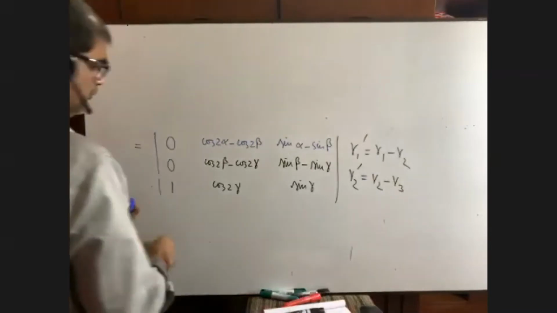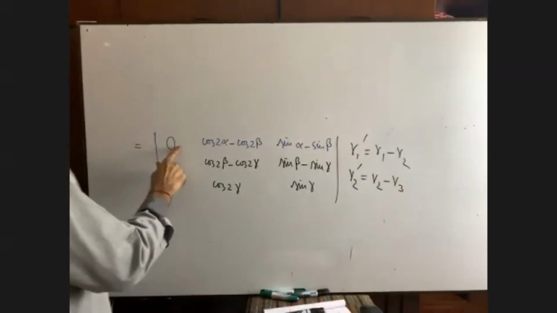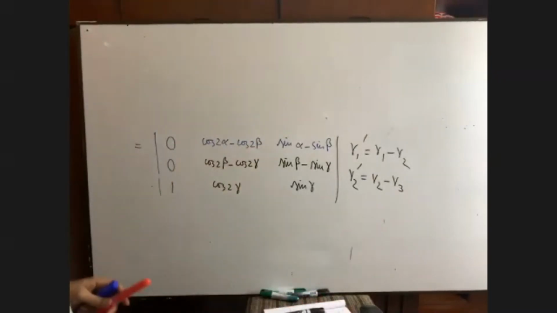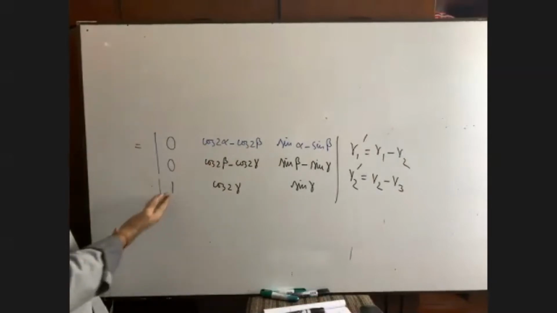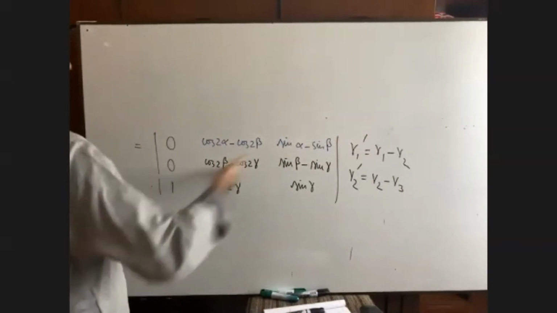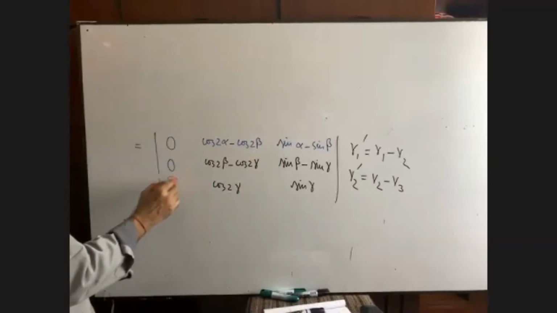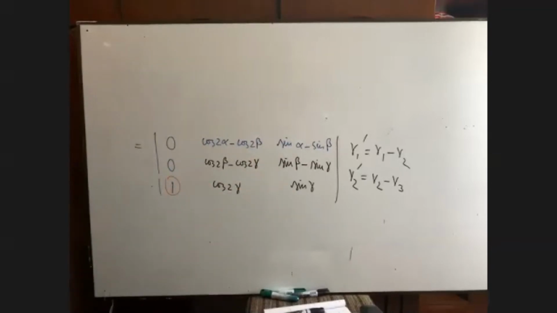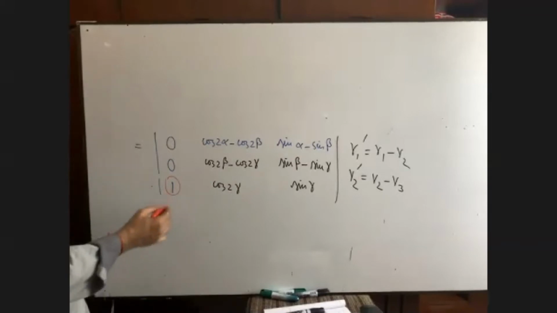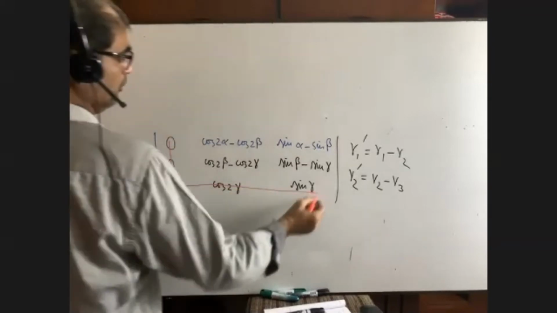Now, as I told you, this 0 and this 0 are all 0, and this is 1. We should know that it is the entry along the diagonal, and entries along the diagonal are always positive, right? So we are going to take this one. When we take this one, this and this will be omitted.